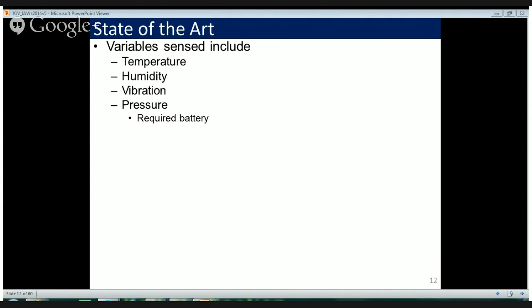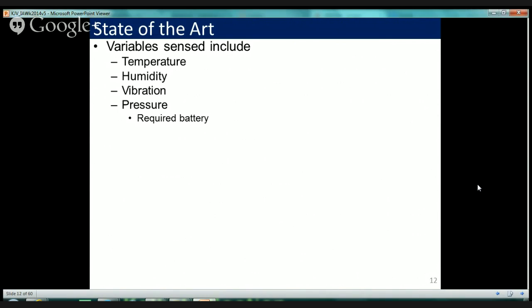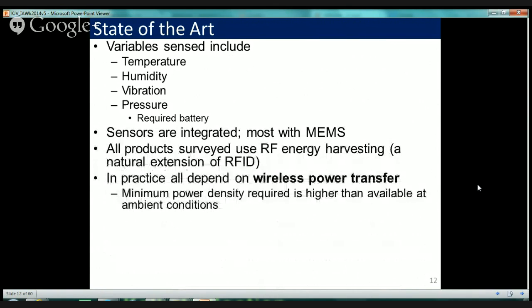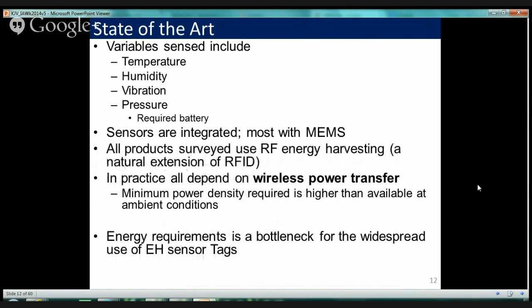So in effect, the energy requirement for the sensors or the wireless module is the bottleneck for the widespread use. Otherwise, we could just have a very simple antenna attached to a small battery or something, and that can make things work.